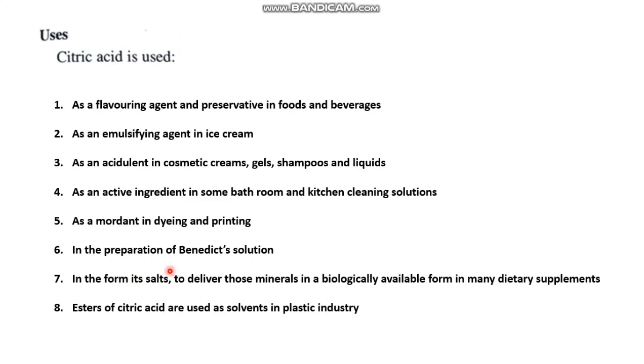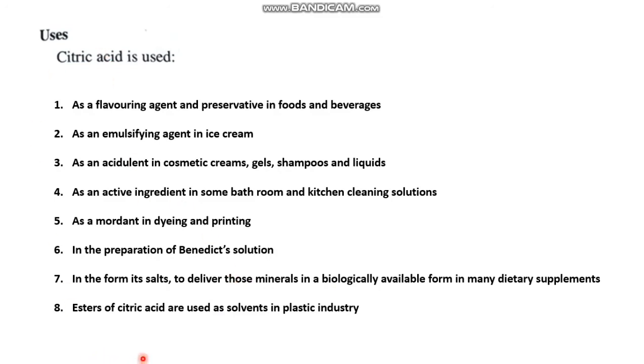It is a reagent used to determine the presence of carbohydrates and aldehydes. Similarly, citric acid is used in the form of its salts to deliver minerals in a biologically available form in many dietary supplements.